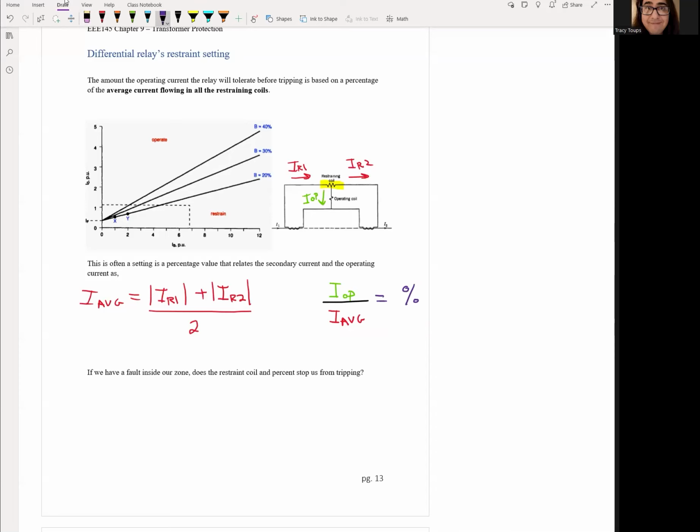And this is pretty much exactly what the relay calculates, right? Percent restraint. And so what the relay will check is it's going to say, hey, if I operating is much, much greater than I average, that means there's something wrong, right? There is an internal fault.